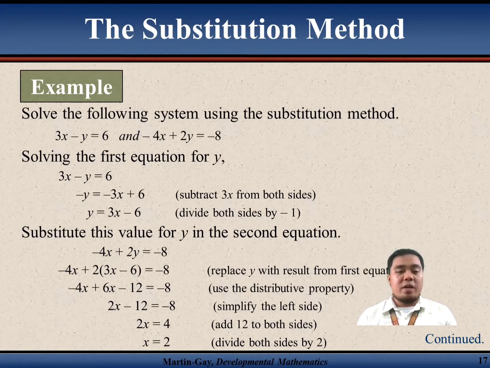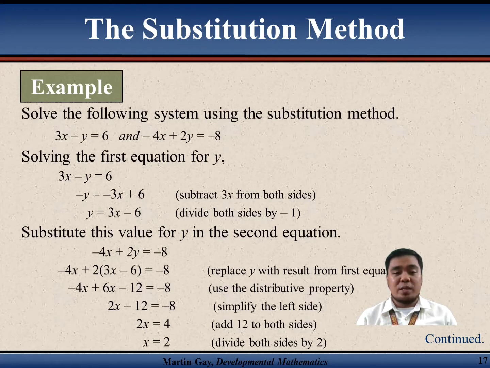By distributive property, I will distribute 2 to the expression inside the parentheses. That will become -4x + 6x - 12 = -8. Simplifying by combining like terms, -4x + 6x is equal to positive 2x, and -12 = -8.